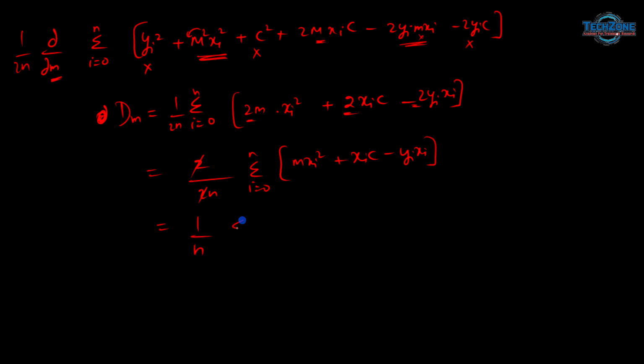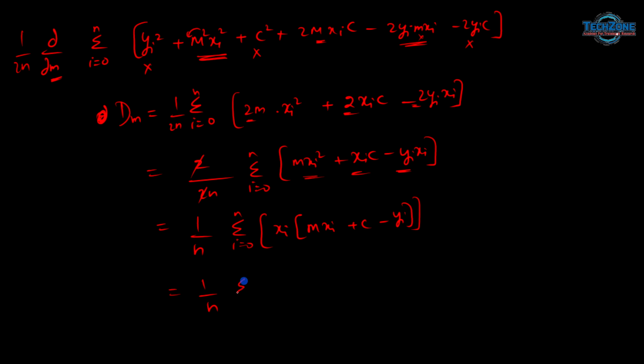So it was 1 by n, sigma i equals 0 to n. Can we take xi common from all these three terms? Of course we can. So xi common. What will be left now? mxi, because we have xi square here and 1 xi we took out, plus c minus yi.